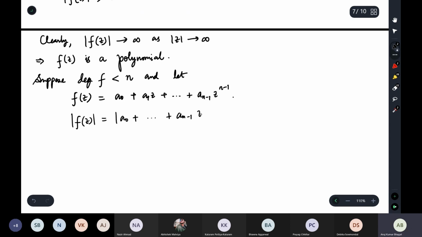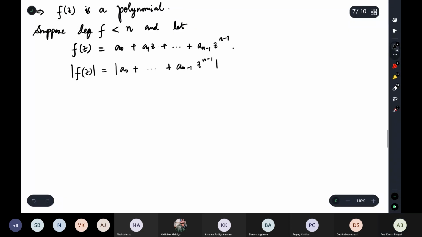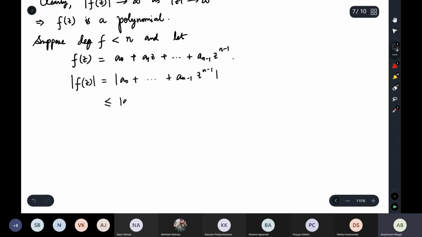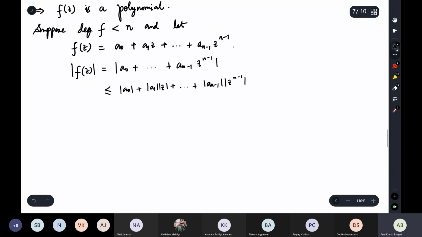Use the triangle inequality to get something like this. This is less than or equal to modulus of a0 plus modulus of a1z plus so on, modulus of a(n-1)z^(n-1), right? Yes, sir.